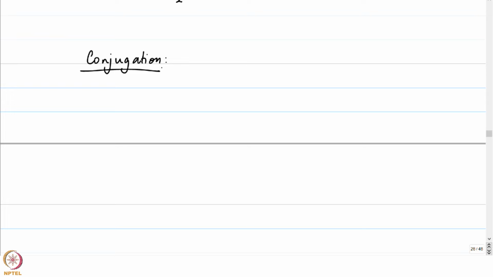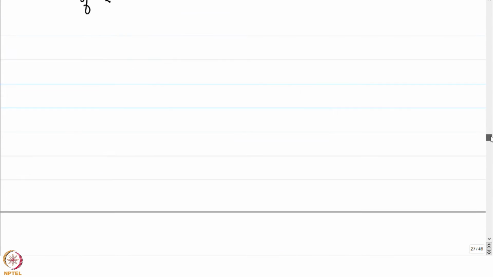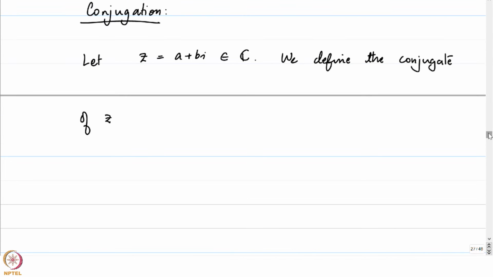Let's take a complex number z, which is say a plus bi in C. We define the conjugate of z to be the complex number z bar.